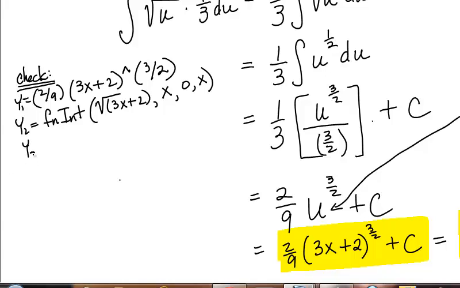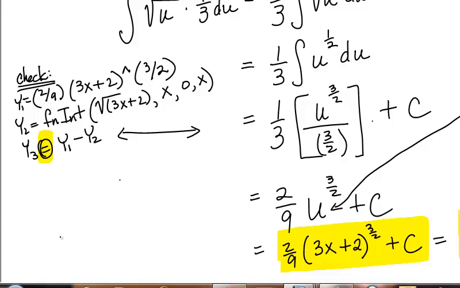And then in y sub 3, we used the vars key and we went y sub 1 minus y sub 2. This is the one that you turn on. And what should it graph? It should graph a horizontal line. If it does not graph a horizontal line, then you've got an error.